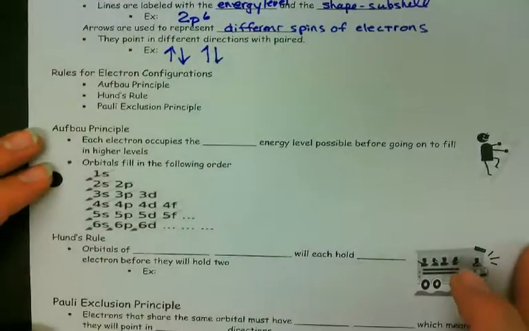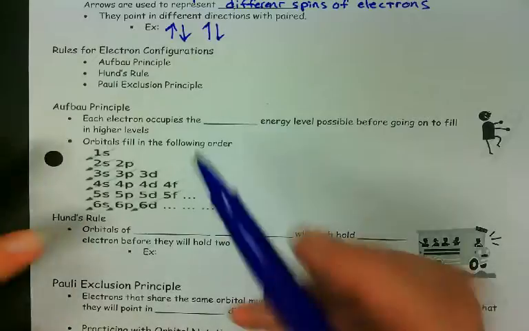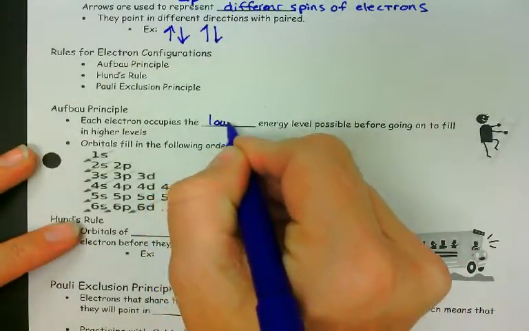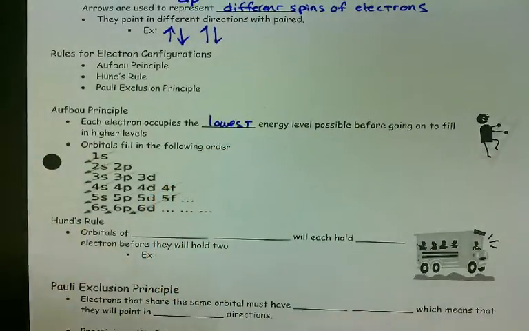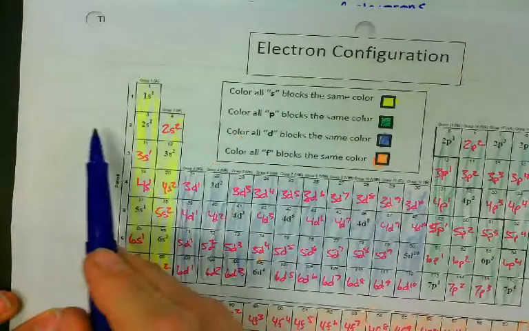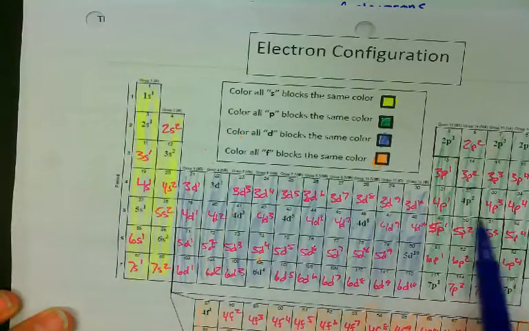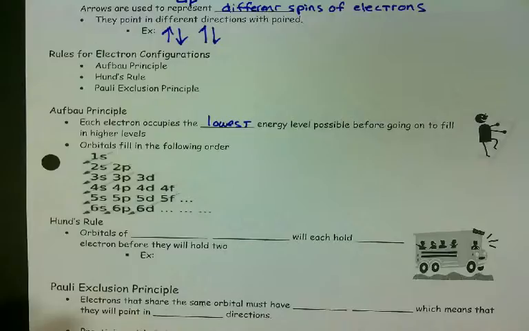So on your Aufbau principle, each electron basically occupies the lowest energy level. So this is the one that's closest to your nucleus, and it works its way out, okay? So when you're looking at your chart, your lowest energy levels are here because it only holds 2 electrons, and then it kind of goes out and works all the way over to 8, okay?